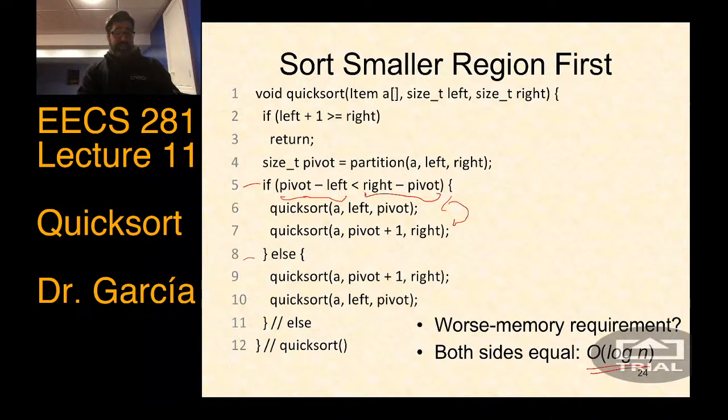Notice by the fact that this is an if-else, here we have two kind of final lines to the function, line 7 or line 10, depending on what needs to be done. So both line 7 and line 10 are tail recursive. Line 6 and line 9 are not. Okay. So it's a matter of whether I decide that line 7 should be the last tail recursive call, or line 10, again, depending on how big the region of the array is.